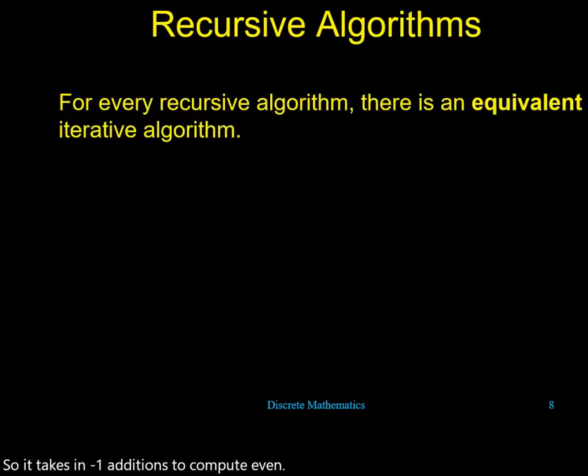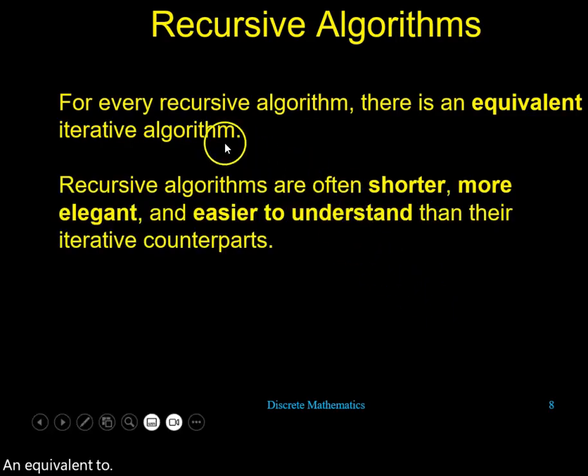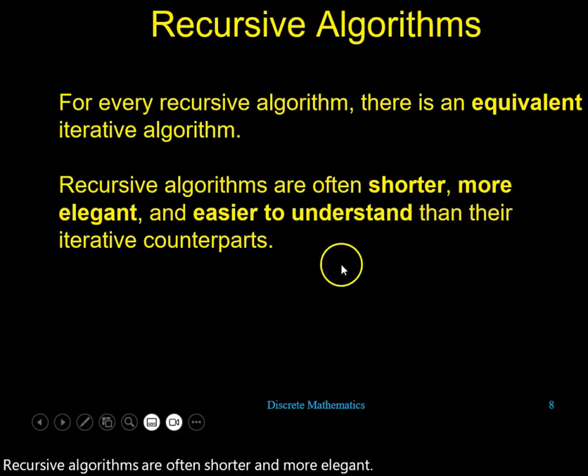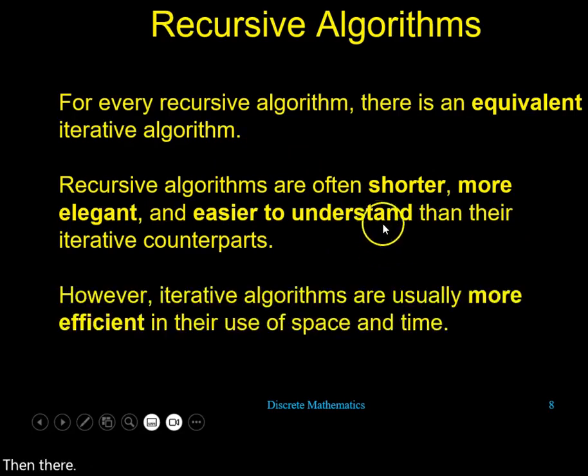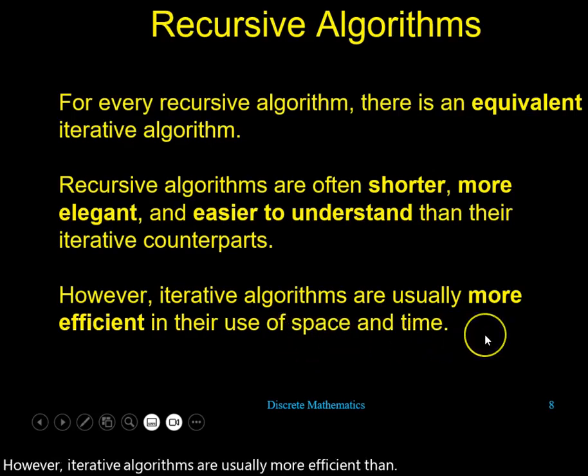For every recursive algorithm, there is an equivalent iterative algorithm. Recursive algorithms are often shorter and more elegant and easier to understand than their iterative counterparts. However, iterative algorithms are usually more efficient in their use of space and time.